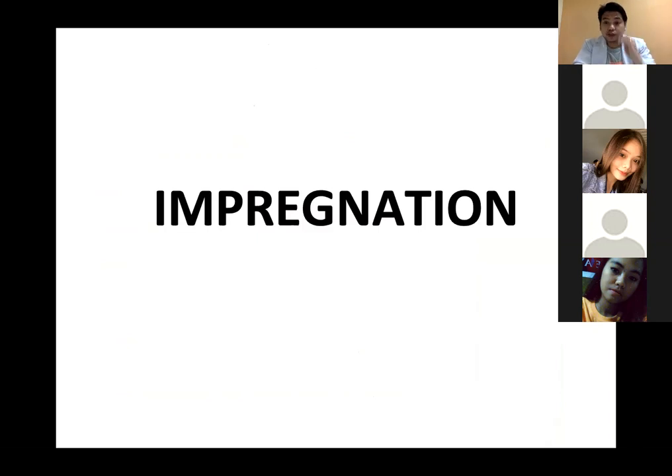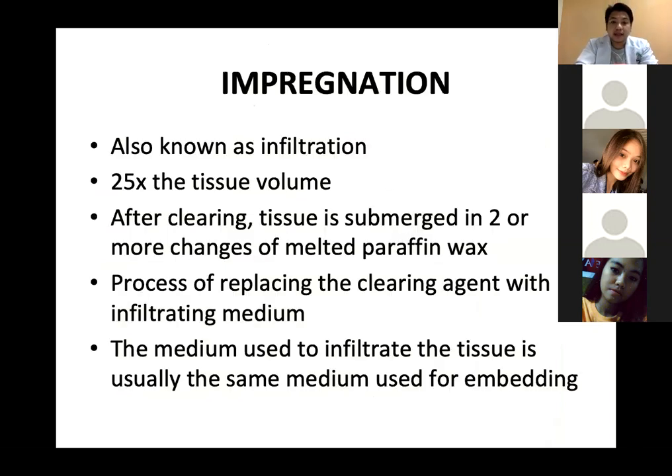Now let's move on to impregnation. Impregnation, class, is also known as infiltration. The required volume of the impregnating agent is 25 times the tissue volume. After clearing, the tissue is submerged in 2 or more changes of melted paraffin wax.